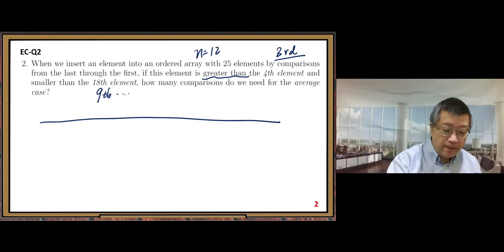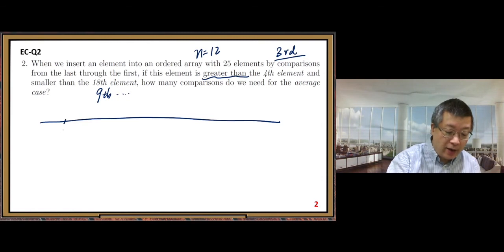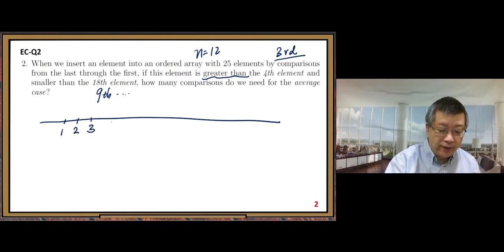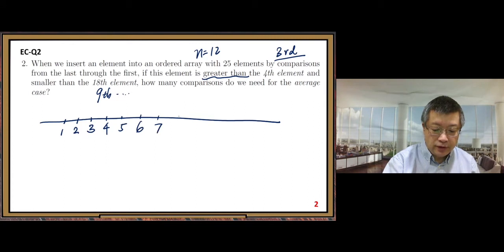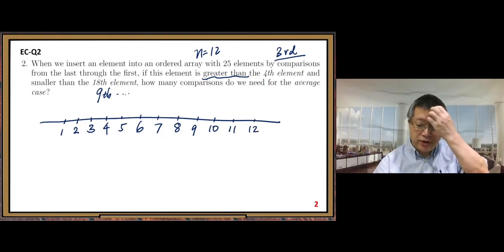Here, 12, not too big, so I can write all out, right? 1, 2, 3, 4, 5, 6, 7, 8, 9. I don't want to miss 9, 10, 11, 12. Now, the condition.